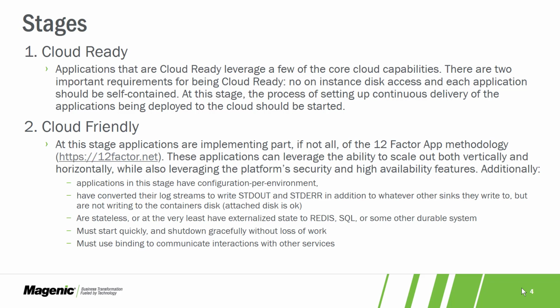So, for example, it's going to be running a compatible operating system version, a compatible version of the runtime, libraries that play nice in the cloud, and so on. You'll have taken away any on-instance disk access. You know, applications should be nicely self-contained with clean deployment barriers.